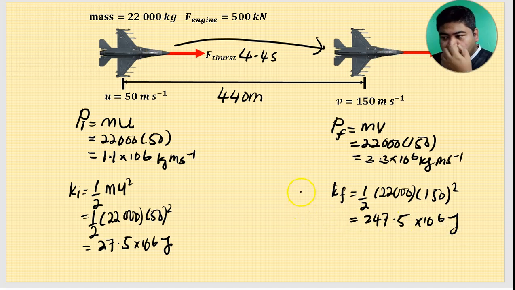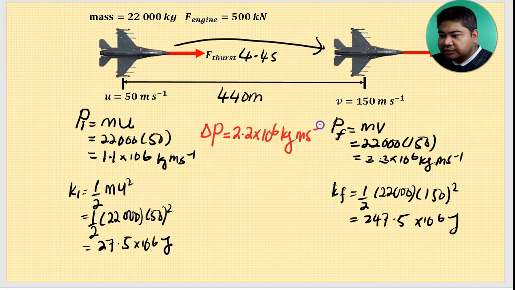Alright, so I'm going to change the color. If you calculate the change in the momentum of the aircraft, 3.3 minus 1.1 is going to give you 2.2 times 10 to the power of 6 kilogram meter per second.